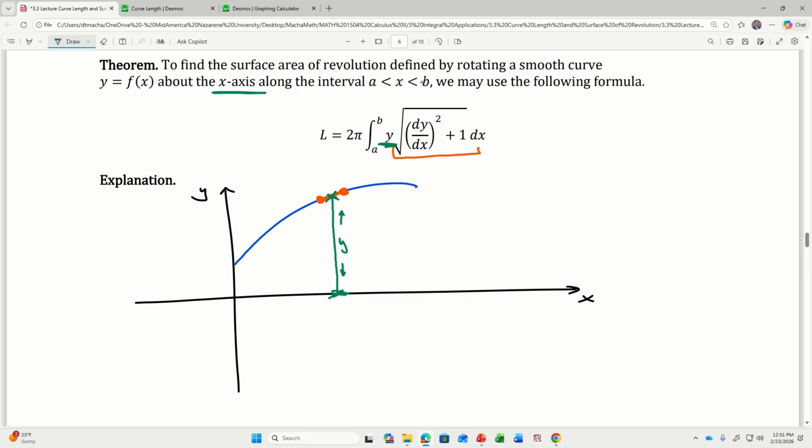And then the 2 pi is because 2 pi y is the circumference of a circle with radius y. Sorry, that's supposed to be a circle, not a 0.